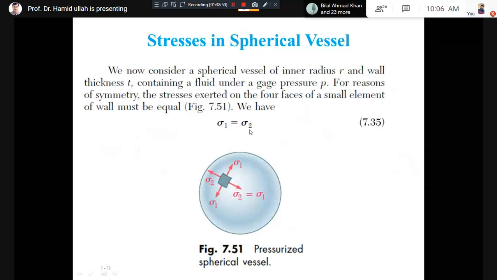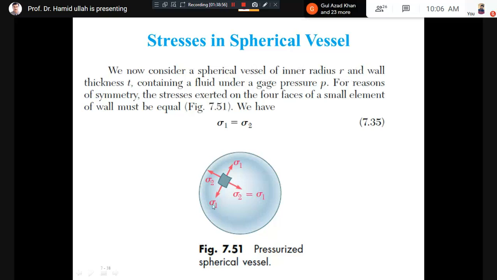Because if I cut this sphere by a horizontal cutting plane or by a vertical one, it is the same thing, because in this case there is no length, it's only the diameter. If I'm cutting vertical, I'm cutting along the diameter. If I'm cutting horizontal, I'm also cutting along the diameter.